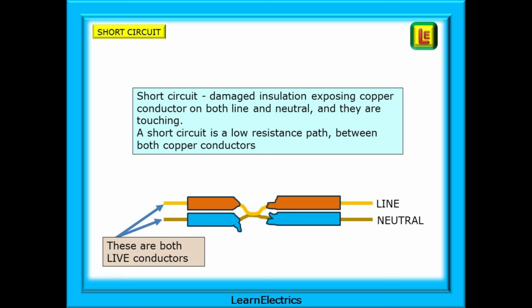A typical short circuit might be damaged insulation that is exposing the copper conductor on both line and neutral, and they are touching each other. This is a short circuit. It is a low resistance path between copper conductors. Correctly named, they are both live conductors.